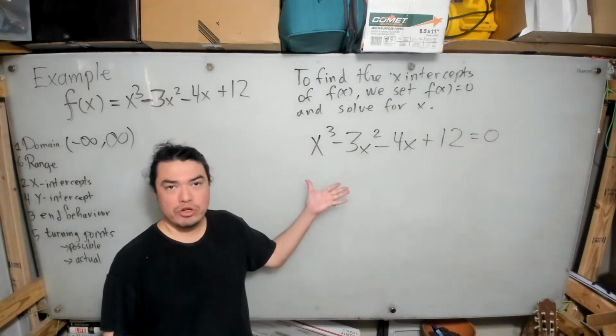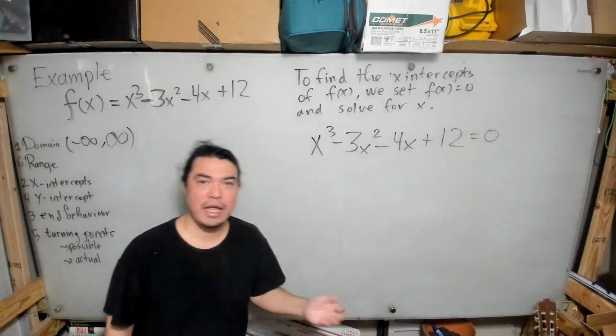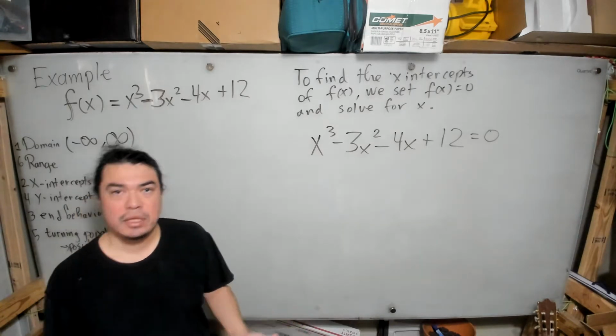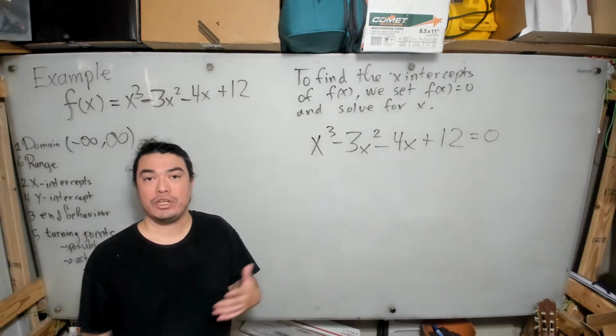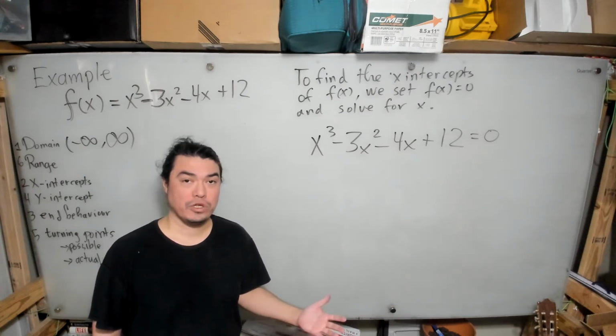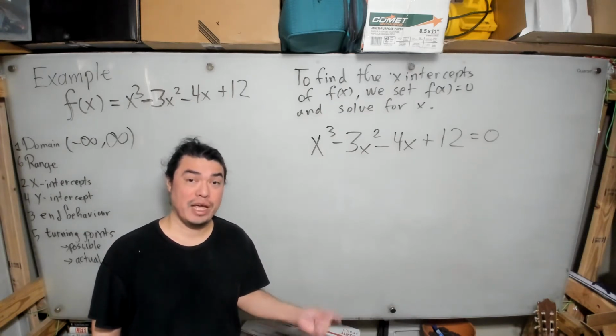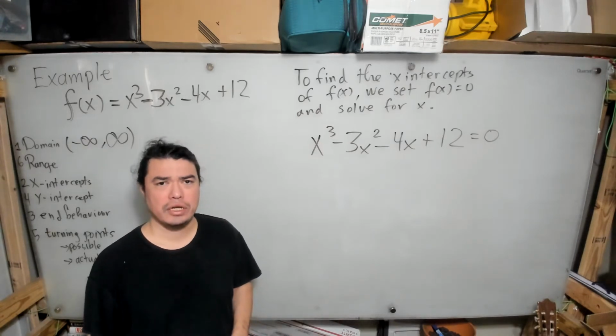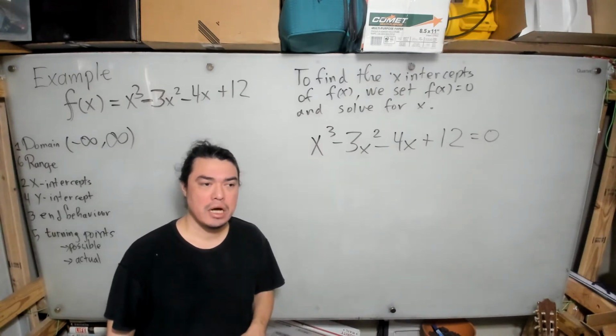In the general polynomial case, we have a hodgepodge of techniques, including the rational root theorem, and of course, more generally, the intermediate value theorem to estimate roots if we can't find them using our kit bag of techniques that we've assembled.